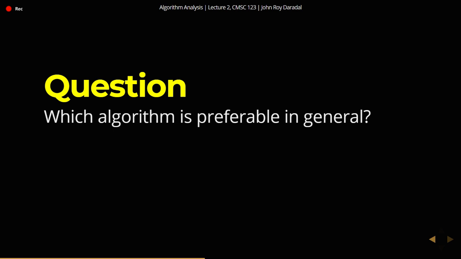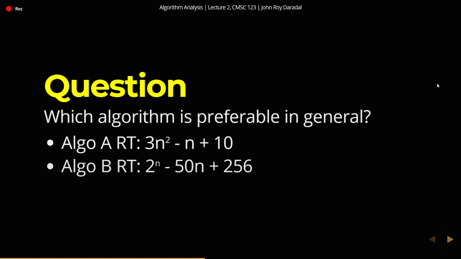So let's see another example. Which algorithm is preferable in general? Algorithm A's running time is 3n squared minus n plus 10. Algorithm B's running time is 2 raised to the n minus 50n plus 256. Which algorithm do you think is preferable in general?